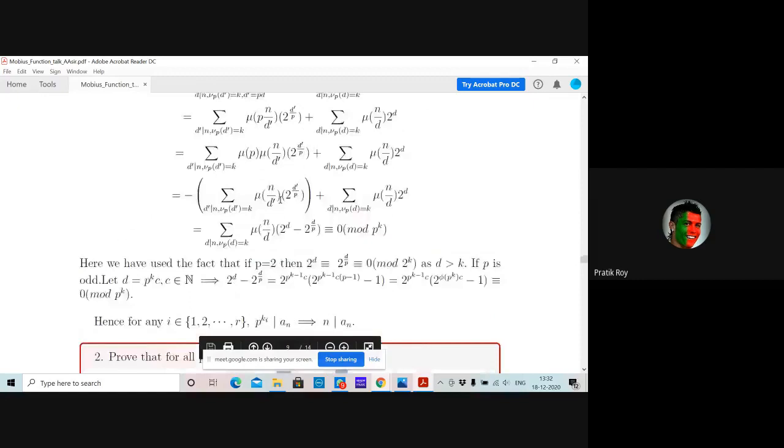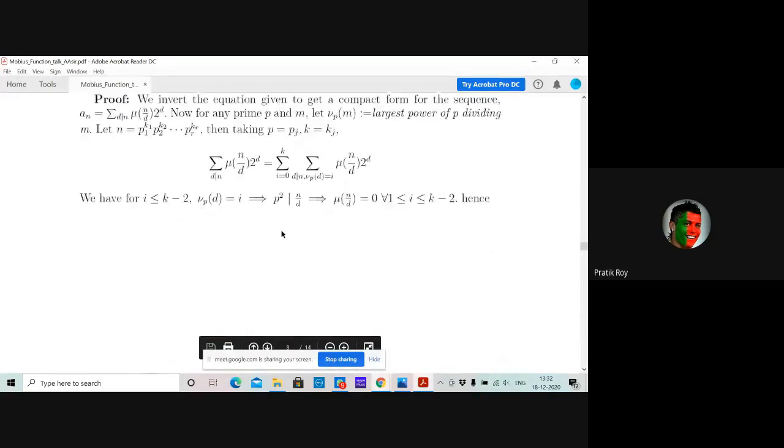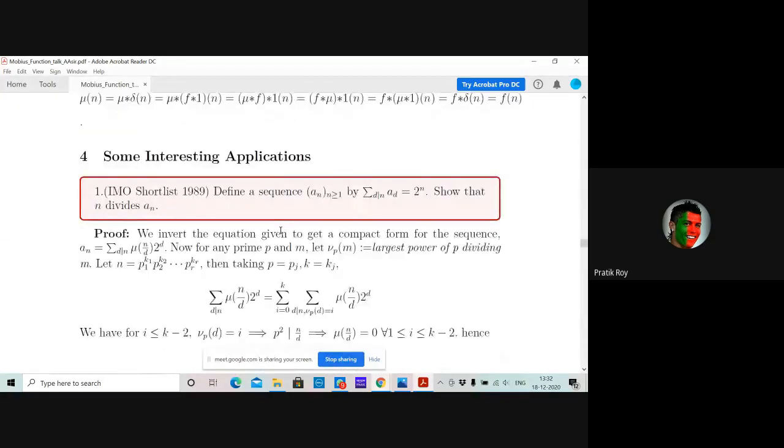Having said that, we go to another application. That is a very interesting problem. It has no application right away, but it is an interesting problem, because it shows that mu is not only a thing that is required for theory.